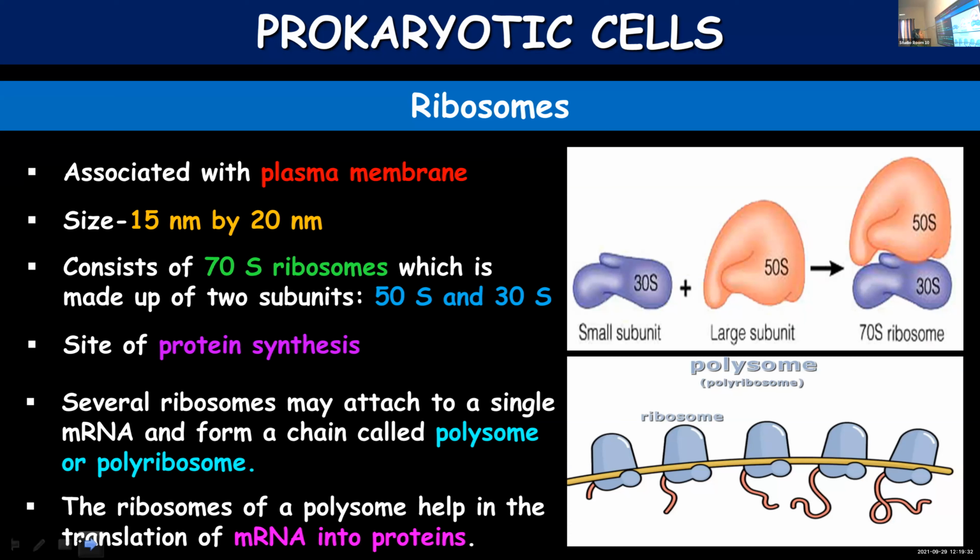And the information present on messenger RNA will get translated into proteins. If you are not familiar with terms like translation and transcription, there are different steps in protein synthesis. First is transcription, followed by translation. Since it is mentioned about translation, I'm saying this; you don't have to learn the details.